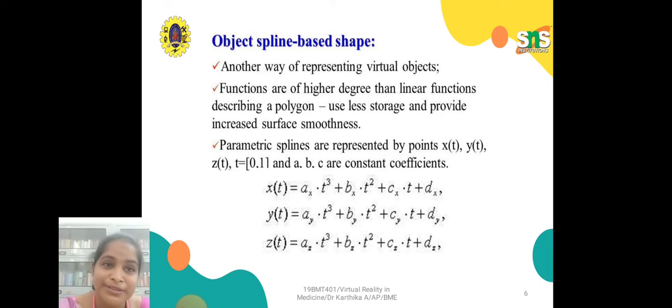These parametric splines are represented by points x(t), y(t), z(t), where t ranges from 0 to 1, and a, b, c, d are constant coefficients. x(t) is equal to ax times t cube plus bx times t square plus cx t plus dx. Same for y(t): ay t cube plus by t square plus cy t plus dy. For z(t): az t cube plus bz t square plus cz t plus dz.